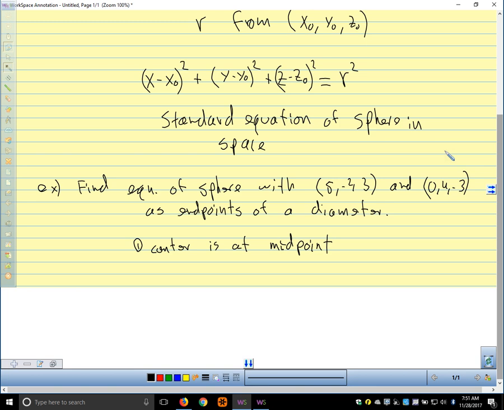Find the distance between those 2 points and divide by 2. So the distance between the points is twice the radius. And then you'd have your radius, you'd have your center, and you could write your equation.